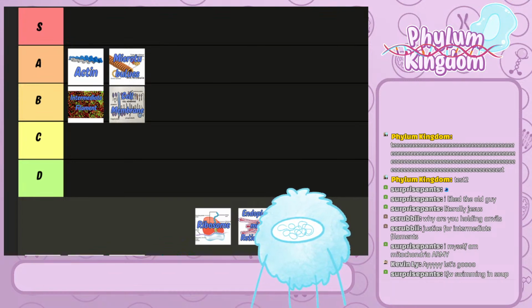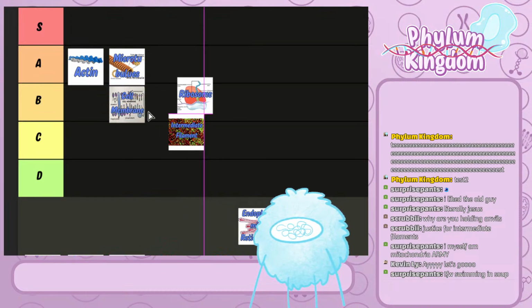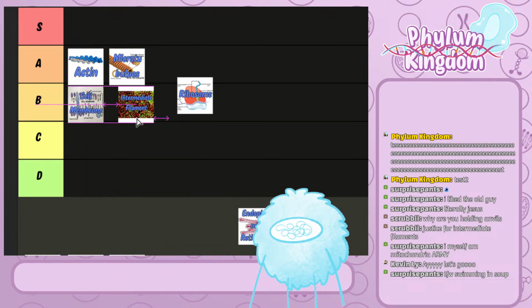Yeah, so ribosomes. Where do we put ribosomes on our tier list? It's a pretty good question. I'm kind of caught in between cell membrane, which I think is like a high B, and some of the cytoskeletal components.